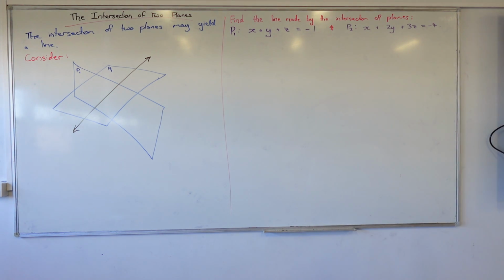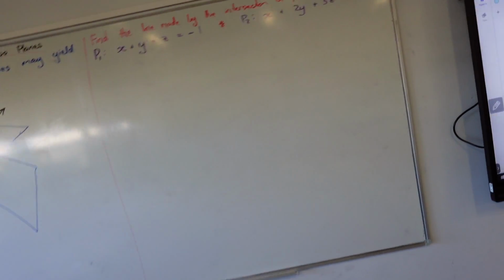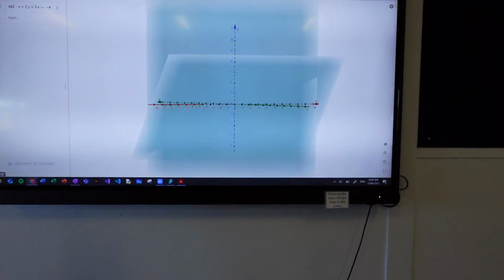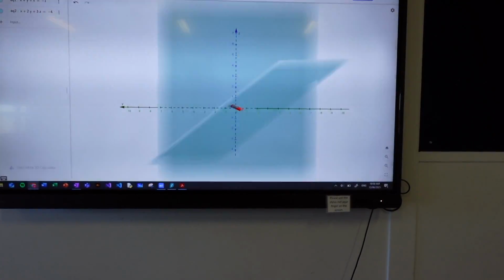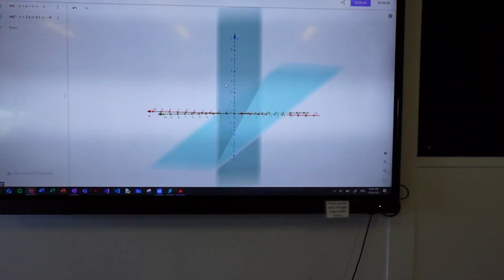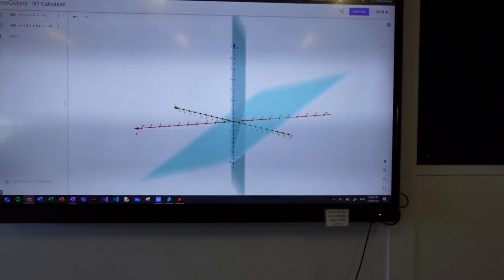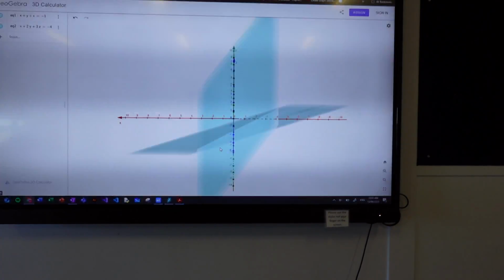If we have a look on the screen over here, you can see that there are two planes, and you can see that there's clearly a line defined by how they cut one another.